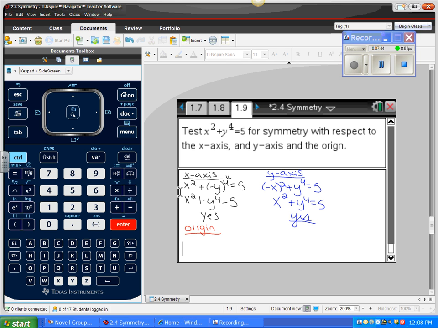We're going to plug in negative x and negative y. And we get x squared plus y to the 4th equals 5. So this is also a yes. So this function is symmetric about the x-axis, the origin, and the y-axis. It can have multiple symmetries. Okay? So keep that in mind when you're doing these. Don't quit when you find one that's symmetric. Okay?